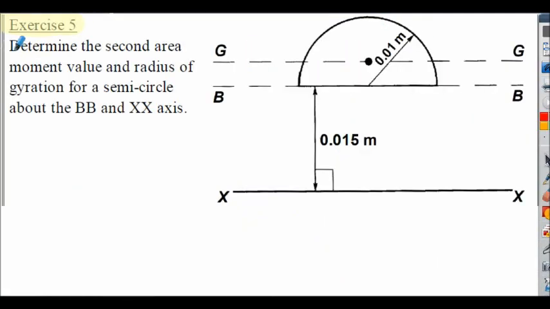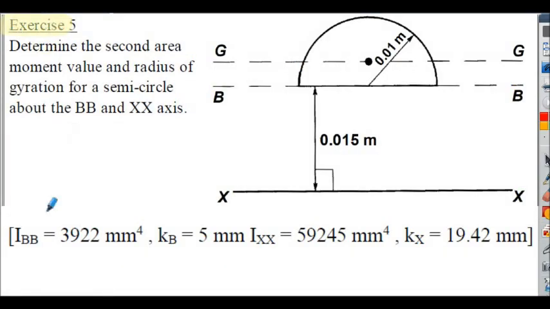Exercise 5, we've got to determine the second area moment value and the radius of gyration for the semicircle, shown on the right hand side, about axis BB, shown here at the base of the semicircle, and axis XX, its datum axis, shown here, essentially 15 millimeters below the base of the semicircle.